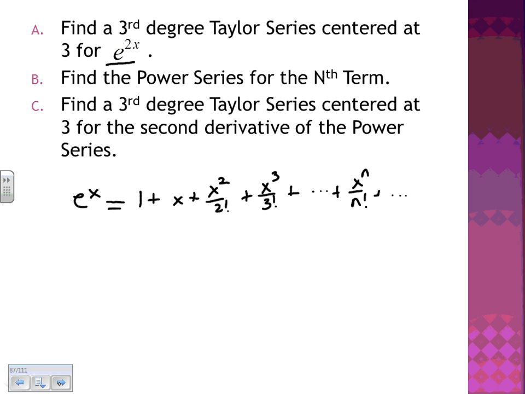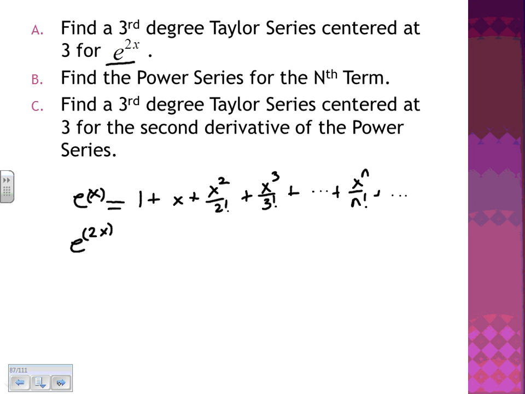They want you to. Because what they want you to do, and we'll practice this in a lot more depth later, is manipulate these. And this will help you for that Lagrange error bound stuff that you have. Okay? So e to the 2x then, instead of having an x, what are you going to plug in? A 2x.